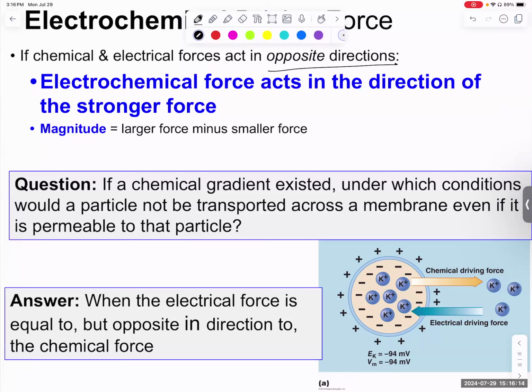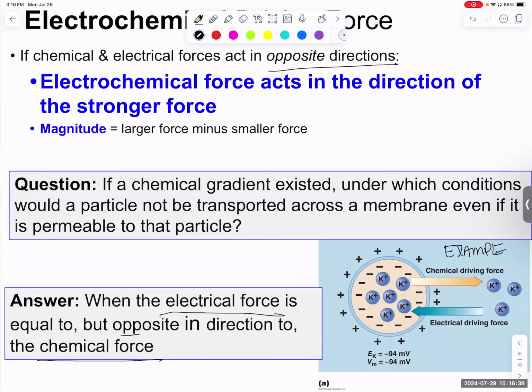And so the question: if a chemical gradient existed, under which conditions would a particle not be transported across the membrane, even if that membrane was open or permeable to the particle? And that would be if the electrical force is absolutely 100% equal and opposite to the chemical force. So it's showing you the example here. And let's look at this.